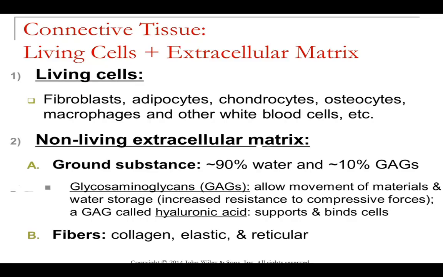The other aspect of extracellular matrix is, of course, the fibers. There are three of them: collagen, elastic, and reticular. So let's start by talking about collagen. Collagen fibers are the strongest fiber in the body, and these are protein fibers, by the way. This allows for tensile strength in tissues. It allows for some tissue flexibility.